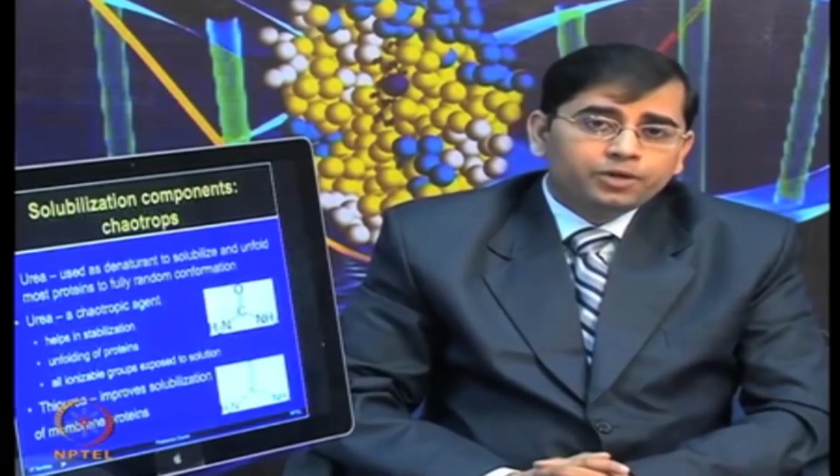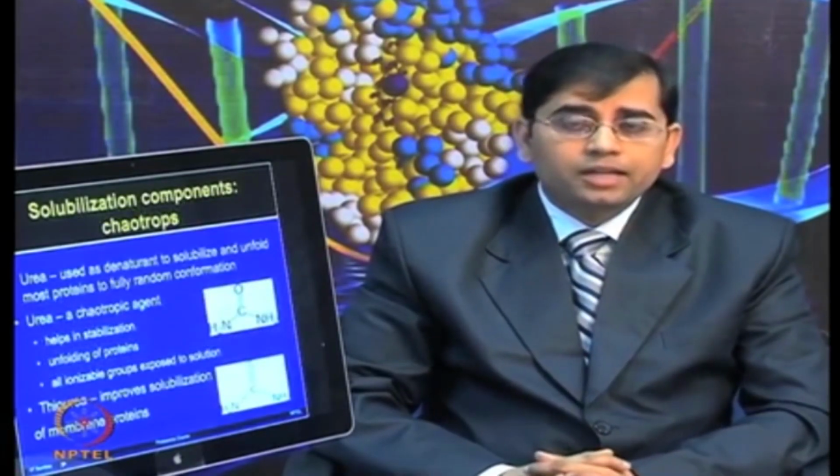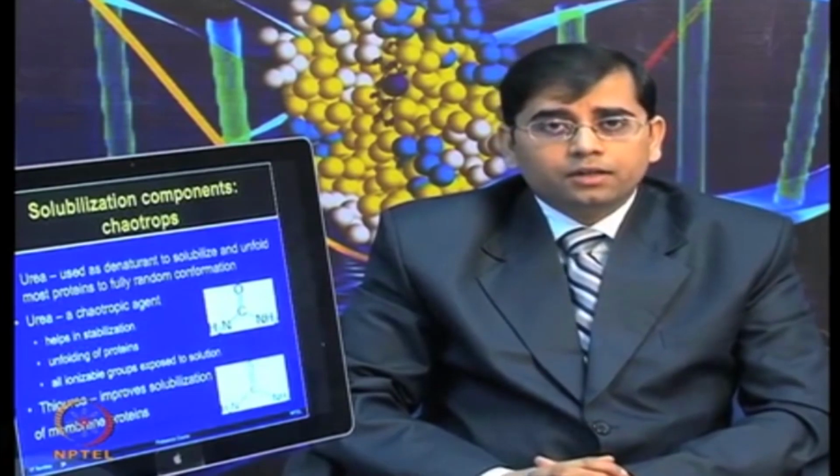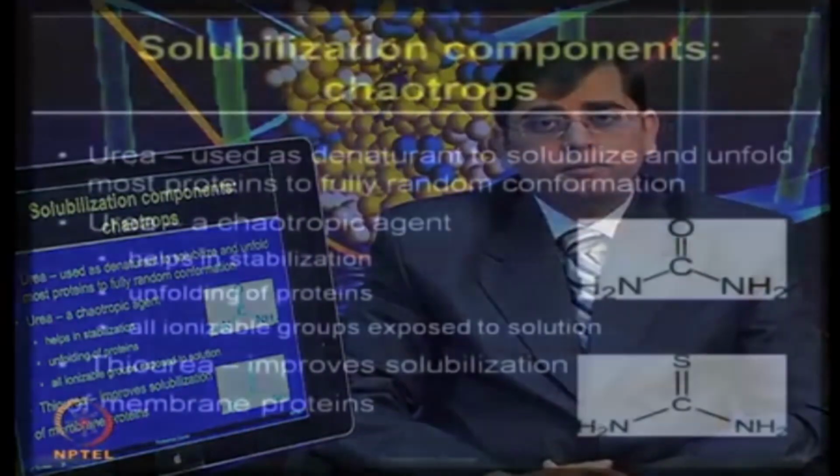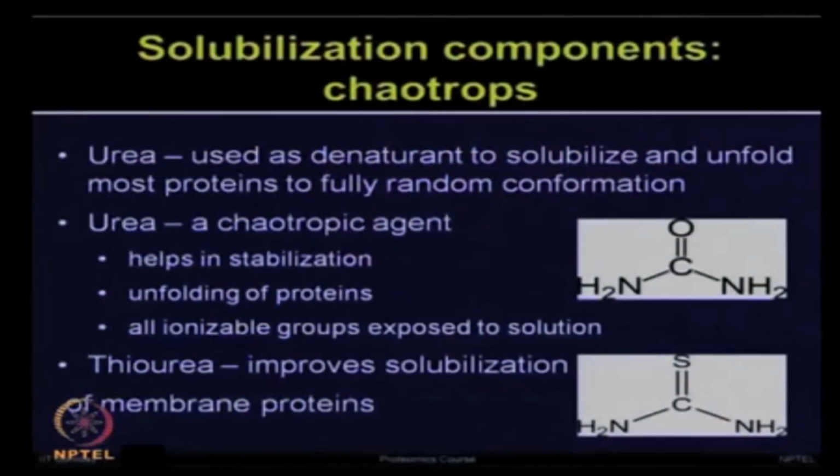Let us discuss the different components used in solubilization one by one. First of all, let us talk about chaotropes, urea and thiourea. Urea is used as a denaturant, which can solubilize and unfold most proteins to fully random conformations.